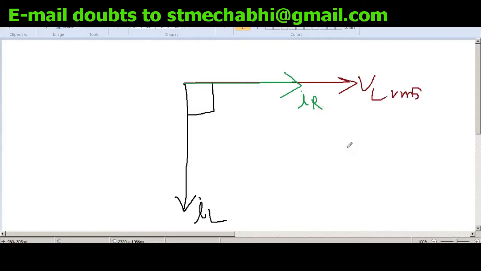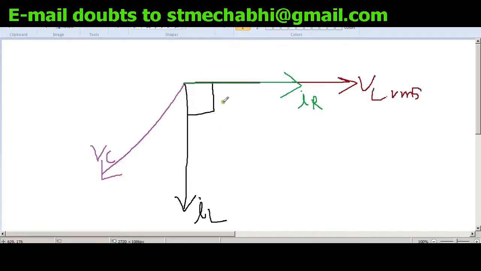Now, what is the next thing? Next we can mark the voltage across the capacitor. What would be the voltage across the capacitor according to our calculations? Guys, keep in mind all the time that the voltage applied across the inductor is the reference. So VC makes minus 143 degrees, which means it is measured along the anti-clockwise direction. This is VC, the voltage across the capacitor.